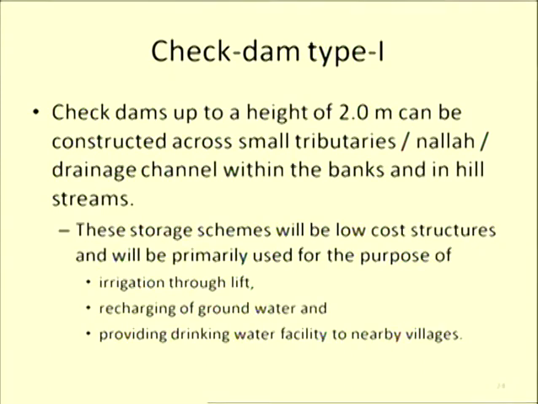So if it is a very small nala, then water can be held in such small streams by creating a small check dam, in type 1 drainage channel within the banks and in hilly streams. These storage schemes will be very low cost structures, and will be primarily used for irrigation through lift, that is using a pump and lifting the water. Recharging of groundwater is possible, and drinking water can be provided to just one nearby village.